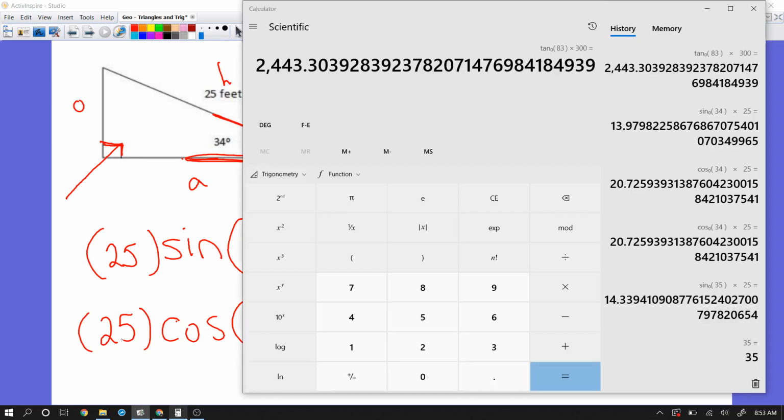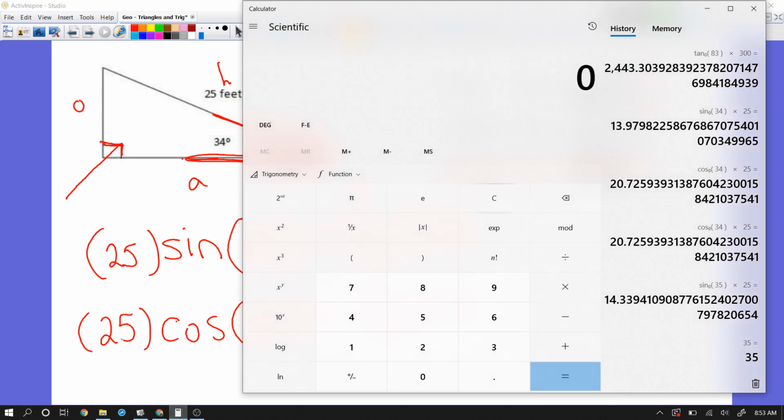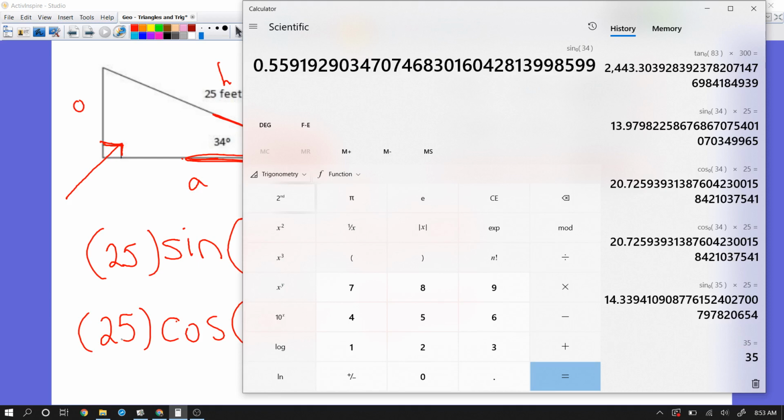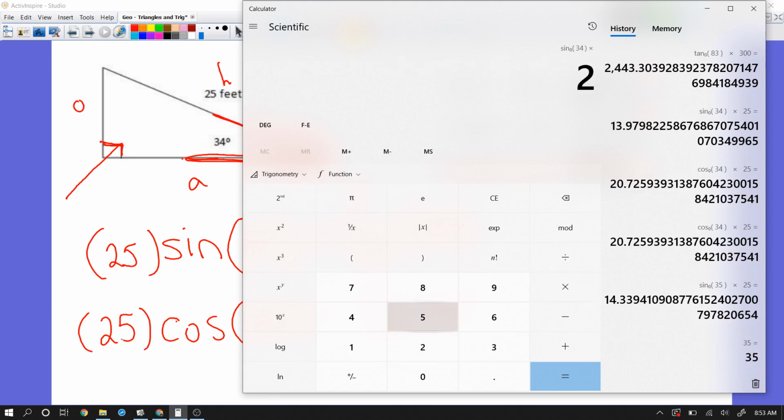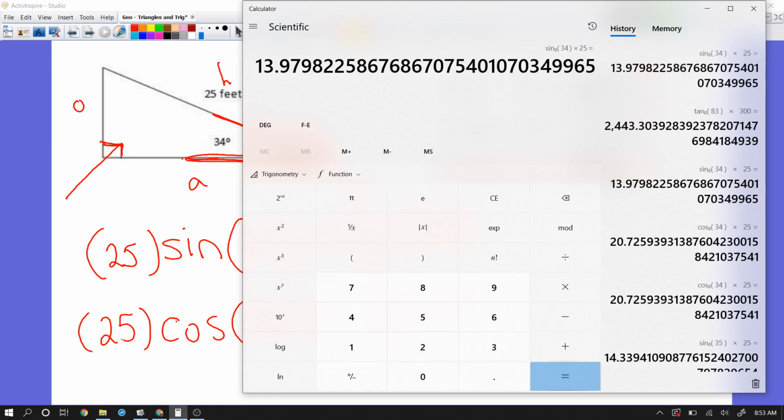So let's look at a calculator. How the heck do you type this in? So 34 degrees sine will give you that. Okay? So multiplying by 25 will give you about 14.